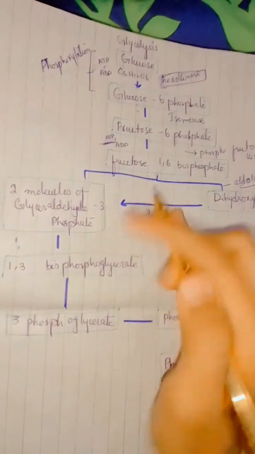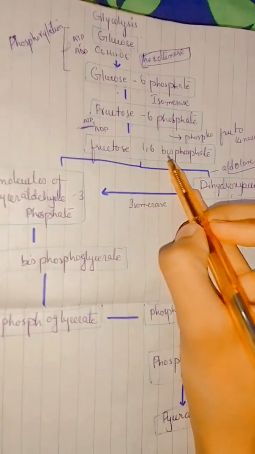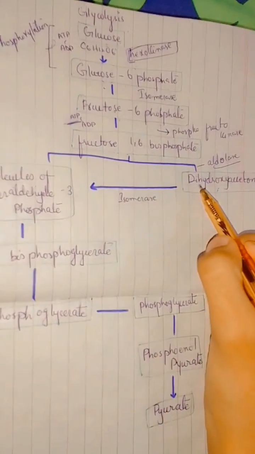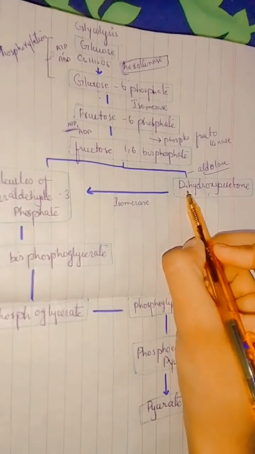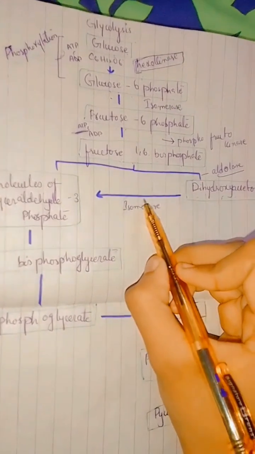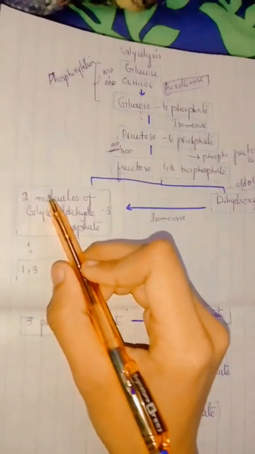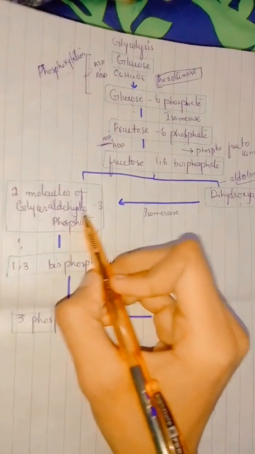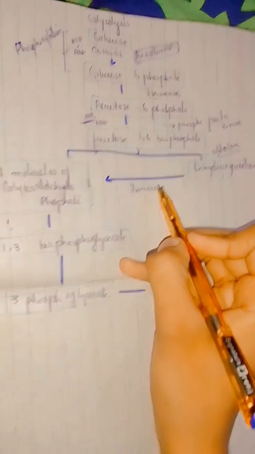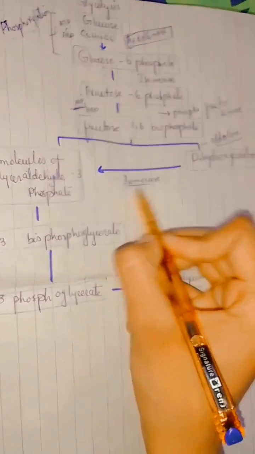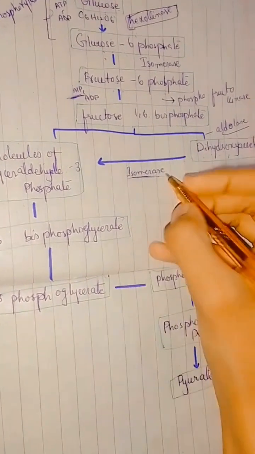First of all, the fructose 1,6-bisphosphate broke down into two trioses. Which one is formed first? Dihydroxyacetone. This was formed, and then through isomerization it is converted into two molecules of glyceraldehyde 3-phosphate. And for the isomerization, an enzyme is used here, that is isomerase.